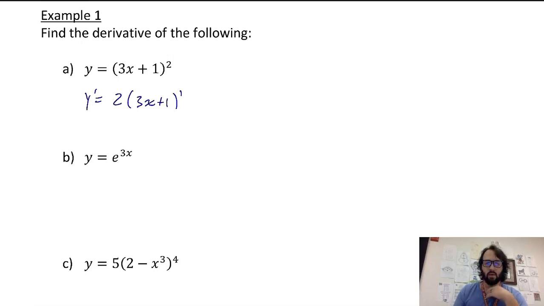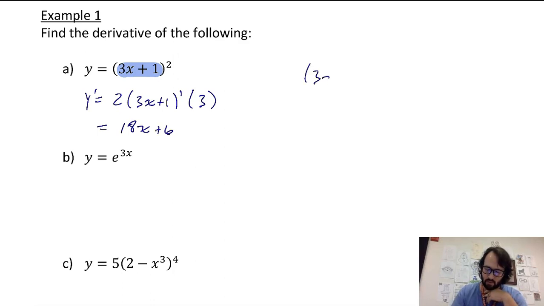Right, so I'm taking away one of that exponents. Then I look inside a little bit more, and I see 3x plus 1. Well, the derivative of 3x plus 1 is just 3, so there would be my derivative. So this would come out to be 6 times 3, which would be 18x plus 6.